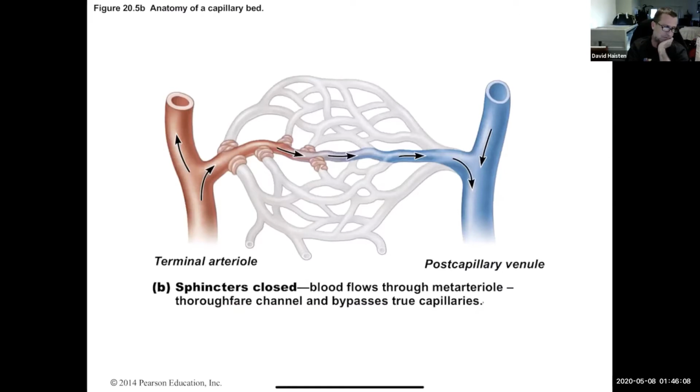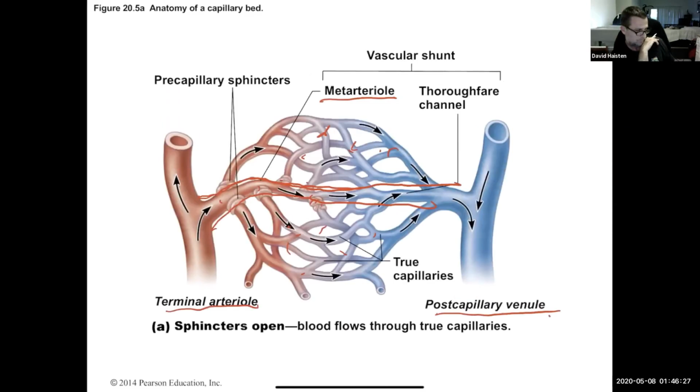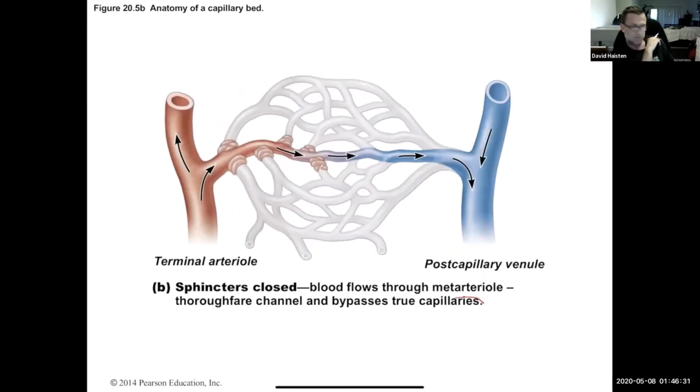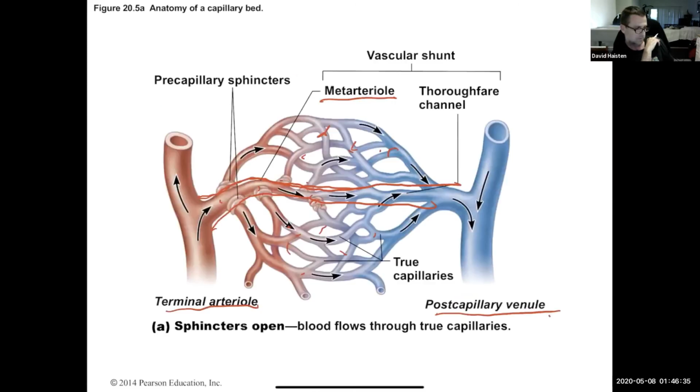So blood goes right through the metarteriole, the thoroughfare channel, and bypasses the true capillaries. So capillary beds can be shut down or they can be open for business. Precapillary sphincters. Any questions on this? Closed for business? Open for business?